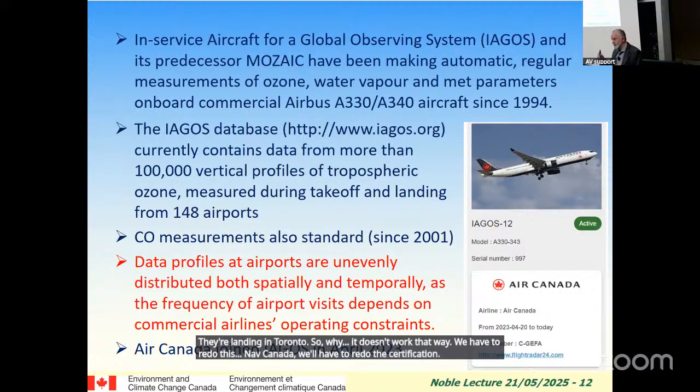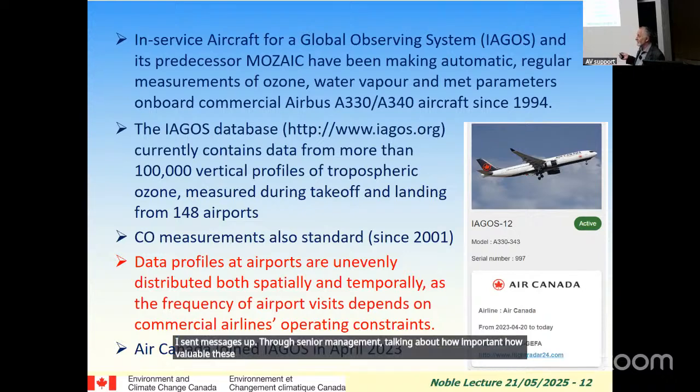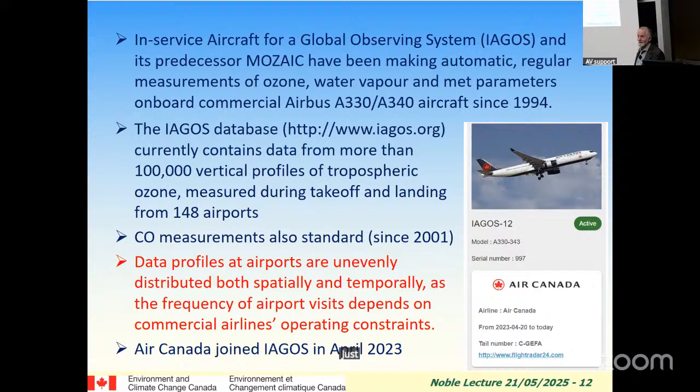I sent messages up through senior management talking about how important, how valuable these data were, and they're cheap. I mean, that rack of instruments is maybe a one-time investment of $50,000, which is just one. And then you get the data every flight, every time they land, every time they take off, you get a profile.